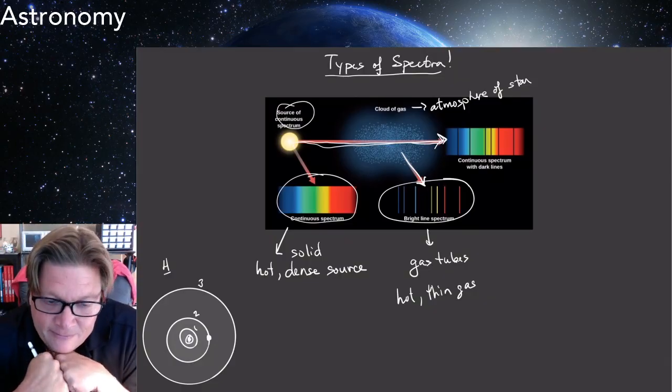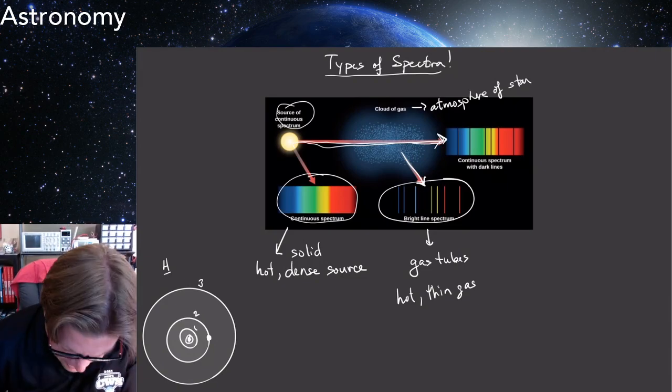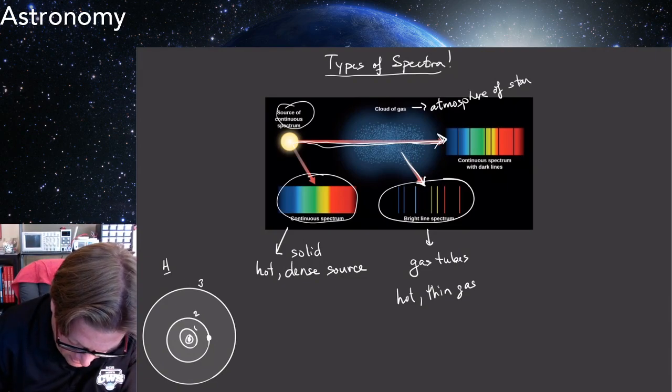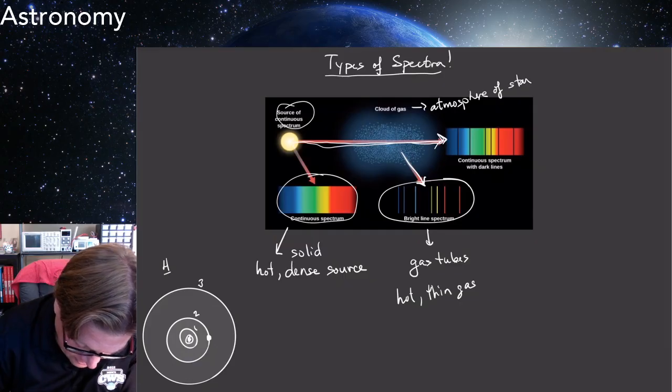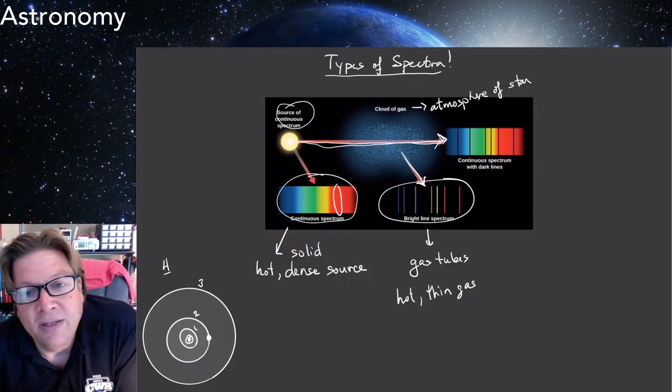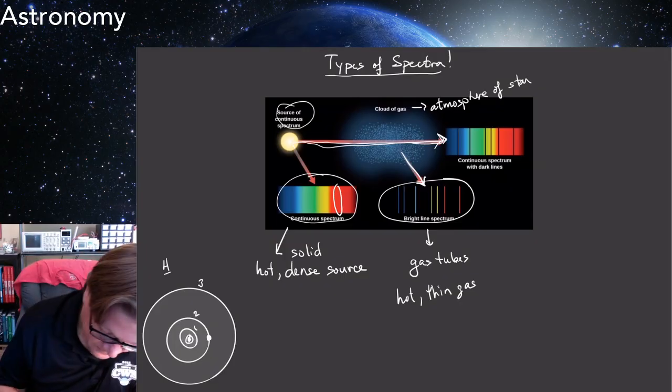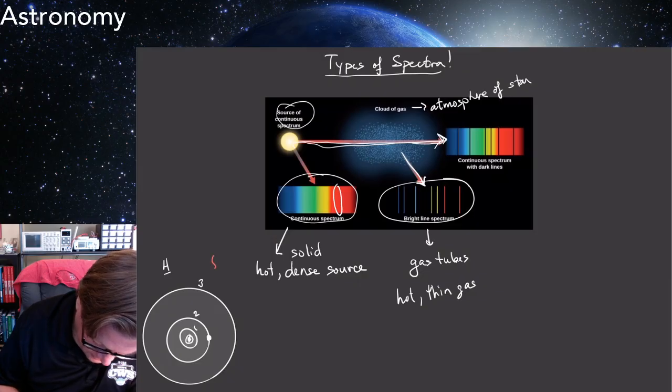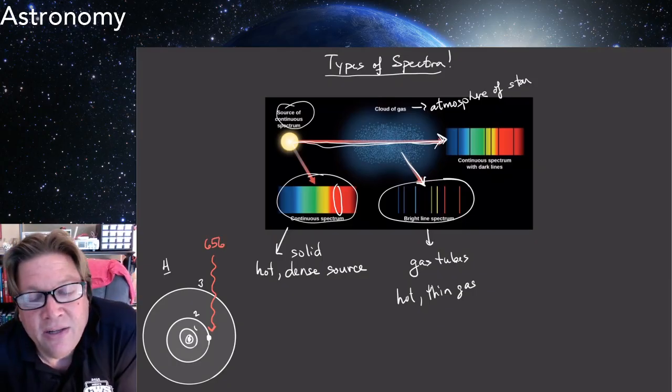Here's what happens. Notice that included in this continuous spectrum is light at all different wavelengths. Suppose light of this particular color, 656, comes in and hits that electron. What does it do?